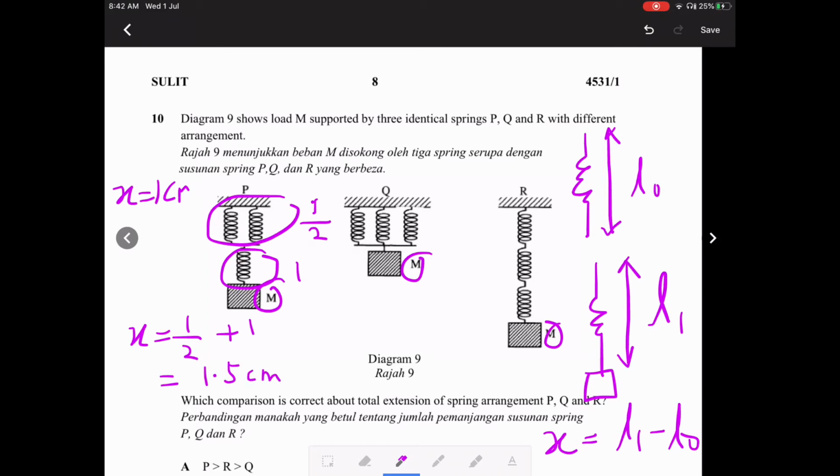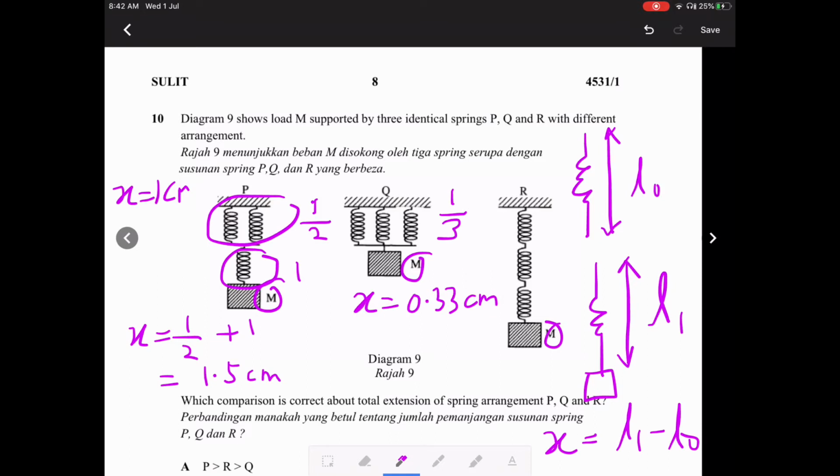Okey. Manakala untuk Q, sistem dia susun 3 macam ni, maka nilai extension tadi 1 kan, dia bahagikan dengan 3. Maka nilai extension dia ialah 1 bagi 3 berapa? 0.33 cm. Okey. Dan yang ketiga, dia susun secara bersiri begini, maknanya 3 kali.